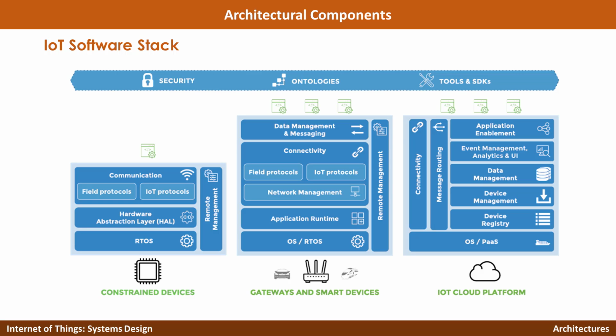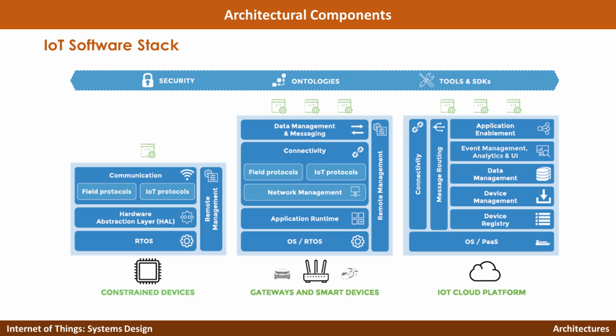In this IoT software stack, they use the term constrained devices to say it is an edge device or edge node, or in other terms, microcontroller devices. As you can see, the software stack is smaller because the amount of resources they have is quite small. So it has to have the lowest amount of resource requirements for that particular node.